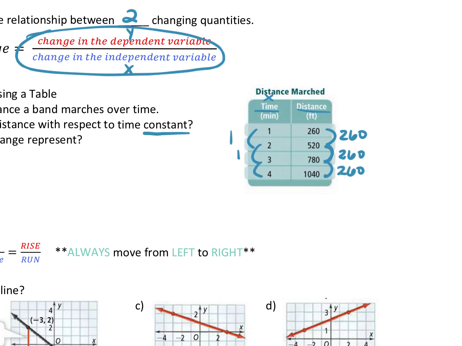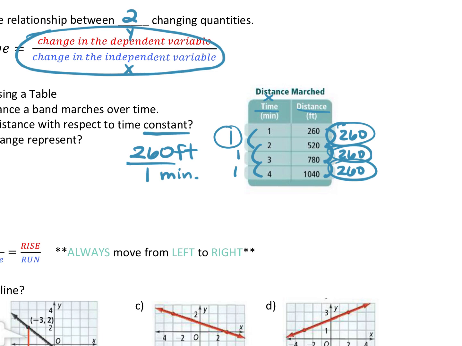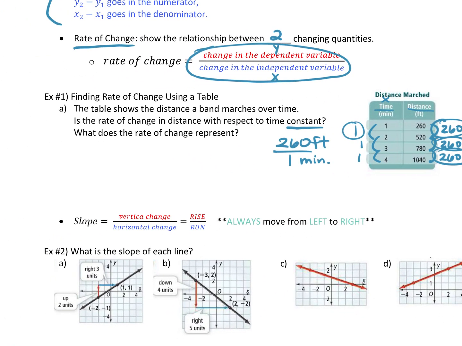What's the change here? So it's the change in your Y value over the change in your X value. So it's 260 feet per what? 1 minute. Okay? Because it was 260 over 1 every single time, is your rate constant? Yes, that is a constant rate of change.